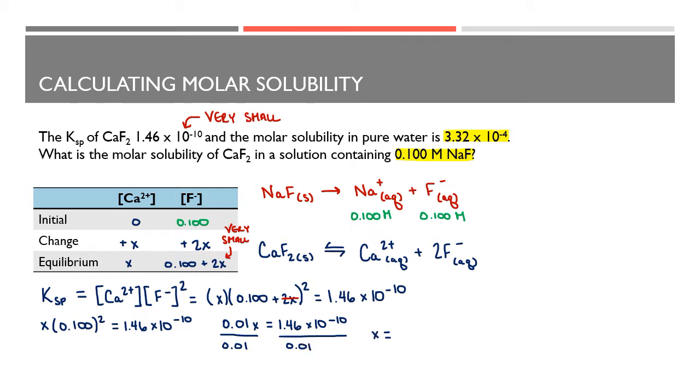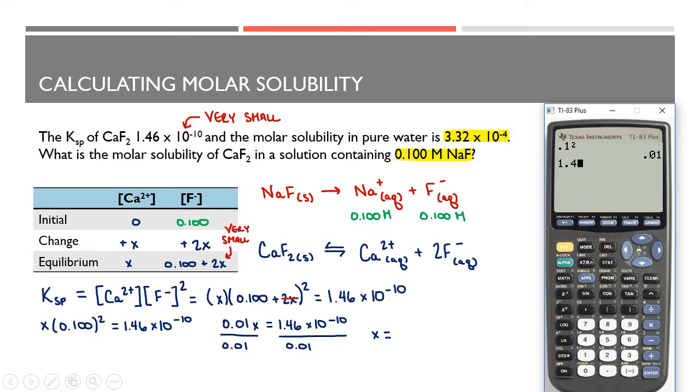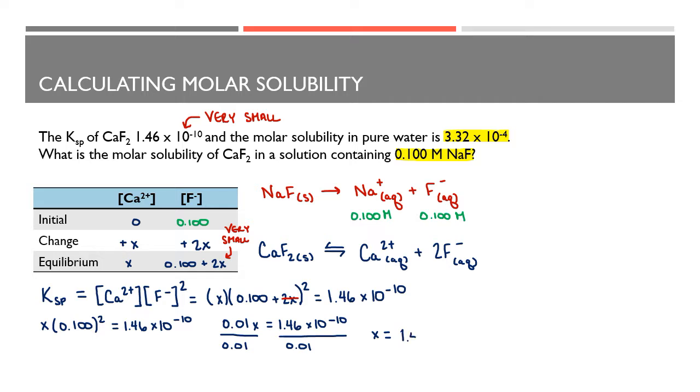So 1.46 times 10 to the negative 10th divided by 0.01 is equal to 1.46 times 10 to the negative 8th. And this is in moles per liter. So this is the molar solubility of the CaF2 in that solution that already contains sodium fluoride.